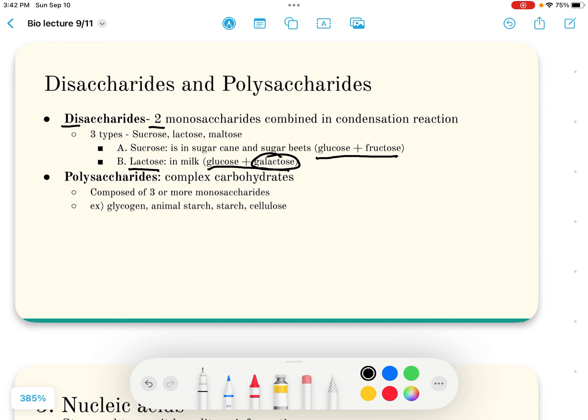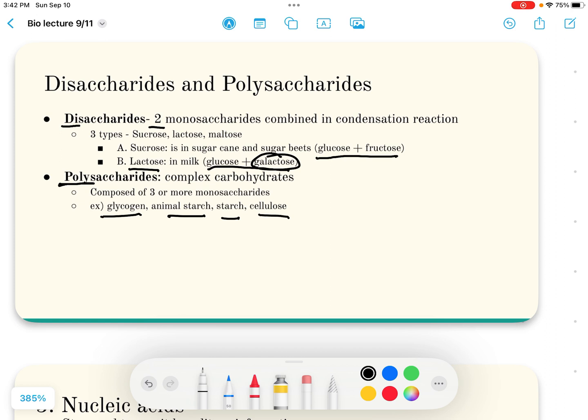Polysaccharides are complex sugars. Again, that prefix poly means many, or more than 3. Saccharides are sugars, so they're composed of 3 or more monosaccharides. Those are things like glycogen, animal starch, and cellulose.